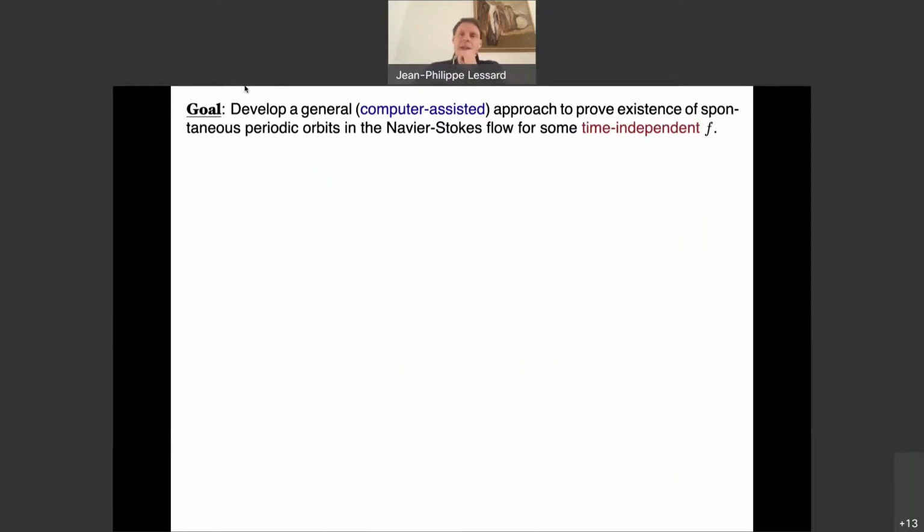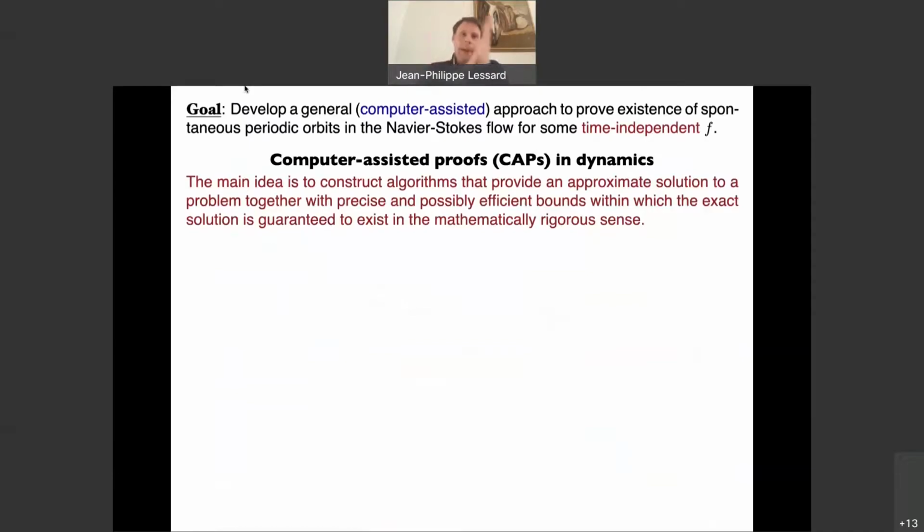Okay. So I'll be more explicit about computer-assisted proofs, but let me just say, our goal is to develop a computational approach to prove existence of periodic motion. There are a lot of different ways to use the computer to prove things, and the specific way I will use the computer to study these nonlinear equations is as follows.